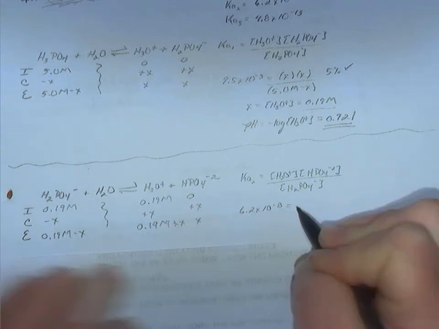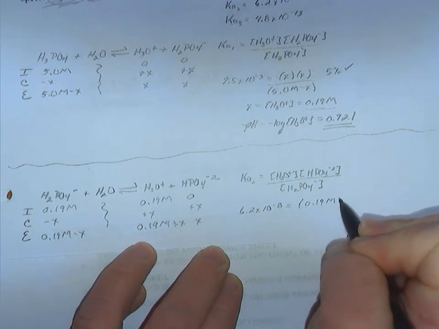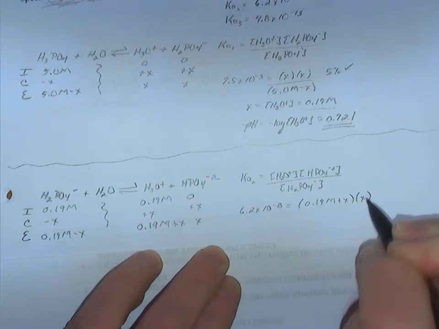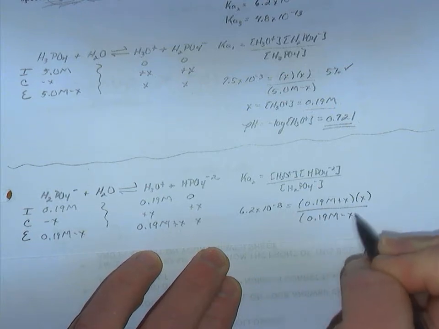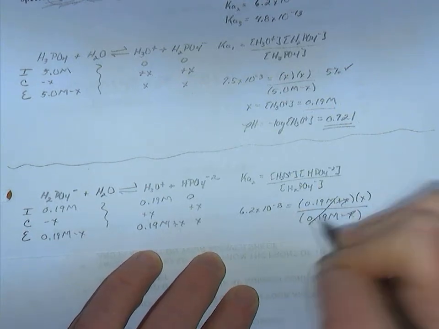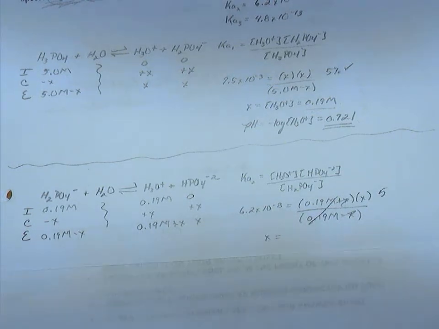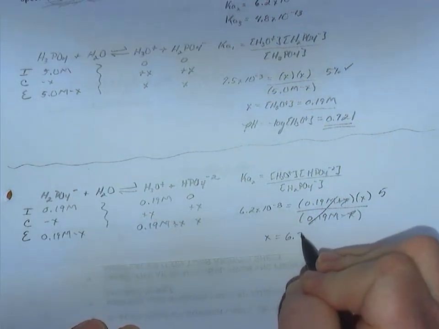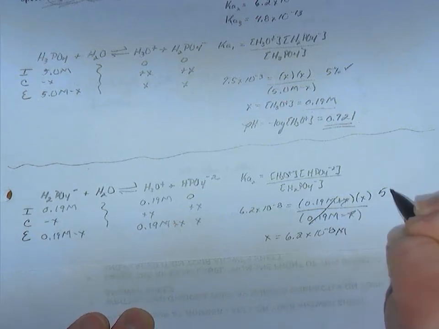And then when I plug in, can we already see what's going to happen? So I need to check the 5%. And when I solve for my x here, it is 6.2 times 10 to the negative 8th. And that, of course, passes the 5%.